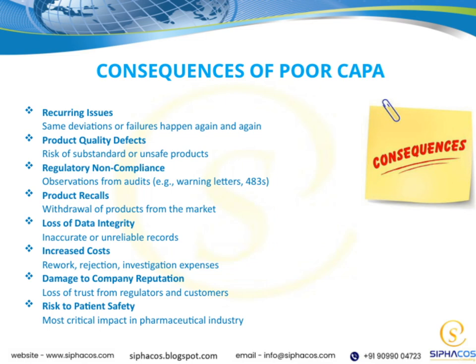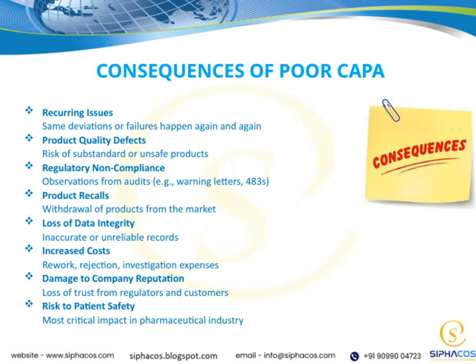Speaking of costs, poor CAPA can lead to increased expenses: rework, rejection, investigations, all of which add up and strain our resources. Moreover, there's the potential damage to our company's reputation. Trust from regulators and customers is hard to rebuild once it's lost, and poor CAPA practices can tarnish that trust.